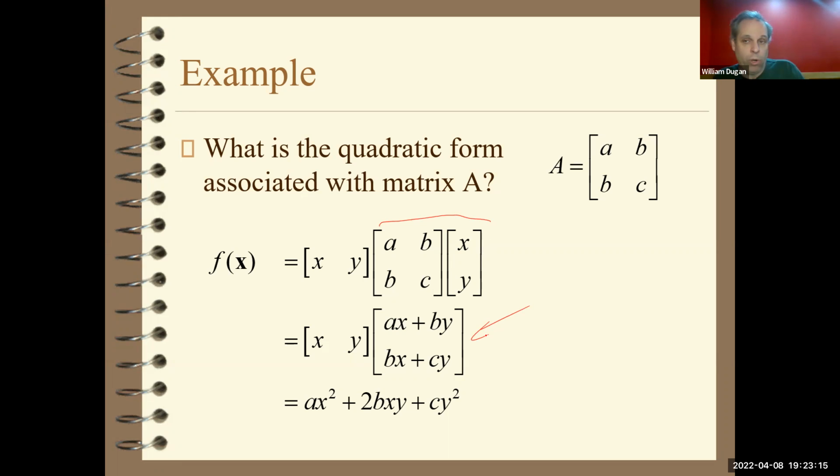Notice the quadratic form has x squared in it, has y squared in it, but it also has a cross multiplication term, x times y, which you've very likely not seen very often at all. Also notice that this number here is a b, and yet what pops up here is 2b. We can therefore reverse engineer this, and if I give you a quadratic form already multiplied out, I can figure out from that what would be the matrix associated with it.